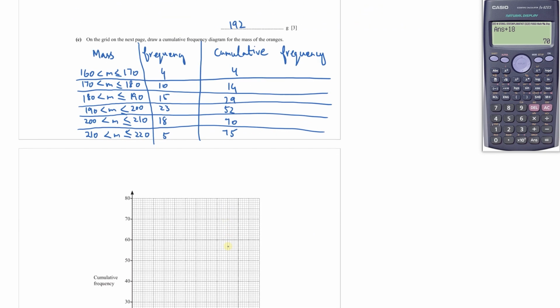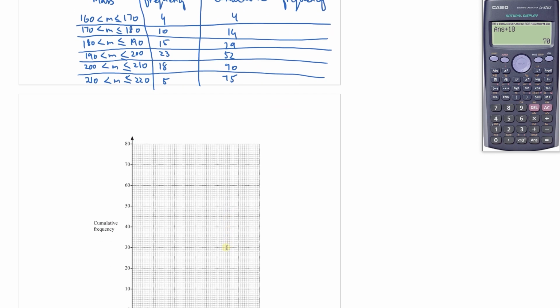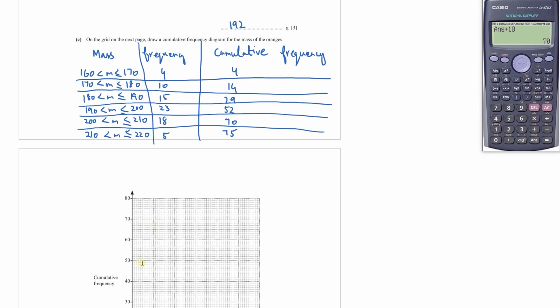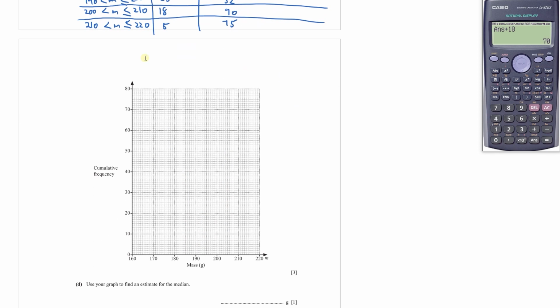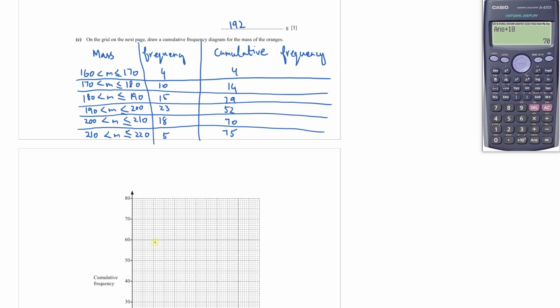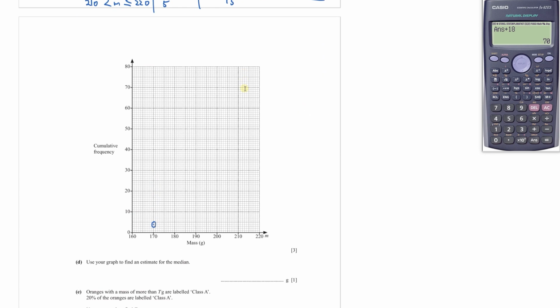Okay. And then we can plot this on this grid here. So for the cumulative frequency, you always take the upper bound of the class. So your first point will be 170 and 4. So 170 is here, and the 4 value on y-axis will be this one. Then you have 180, and the cumulative frequency is 14.